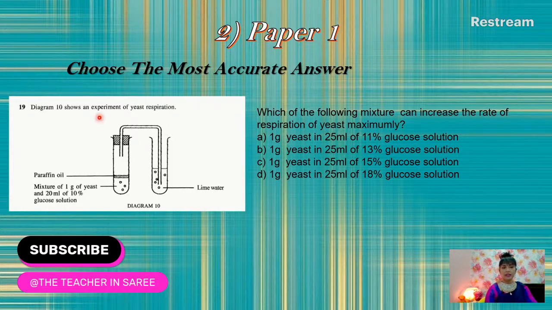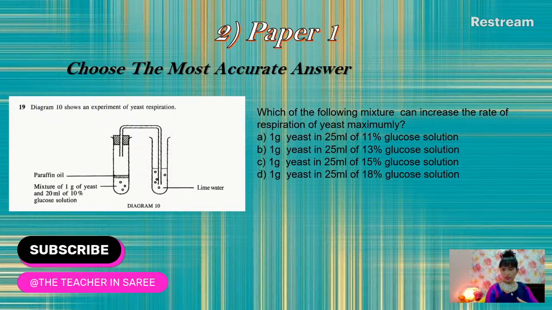All right, in this question, diagram 10 shows an experiment of yeast respiration. So they've put paraffin oil, a mixture of 1 gram of yeast and 20 ml of 10% glucose solution. Okay, so that is the question. The question says, which of the following mixtures can increase the rate of respiration of the yeast maximally?